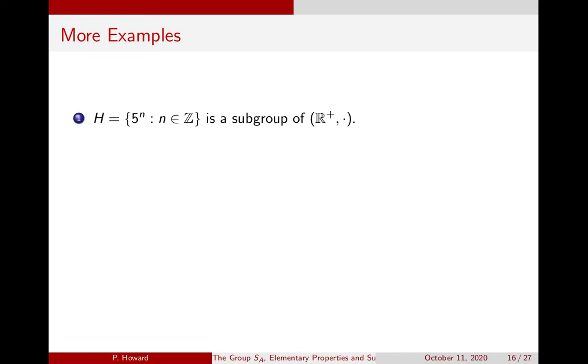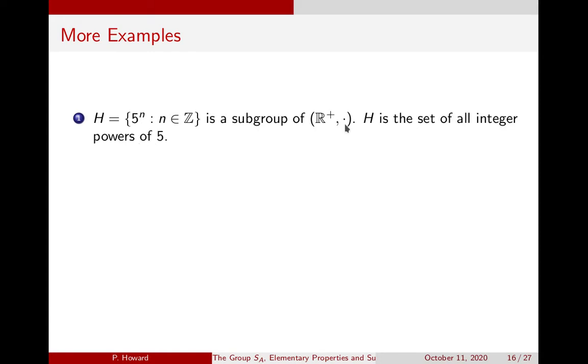Here's an interesting example. We're going to let capital H be the set of integer powers of 5, 5 to the n, such that n is an integer. And we are claiming that this is a subgroup of the positive real numbers using the operation of multiplication.